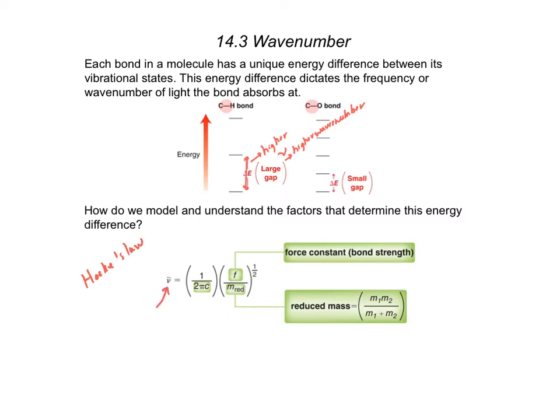So Hooke's law states that the frequency, we're just going to go with the frequency here, of this vibration is equal to a bunch of constants that we don't care about times the square root of what is called the force constant divided by the reduced mass, okay? And again, the way we are modeling this is, here's atom number 1.